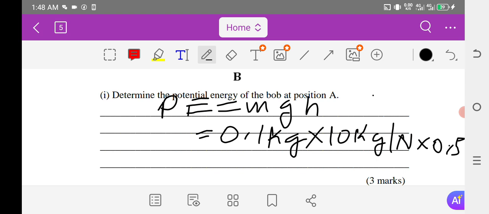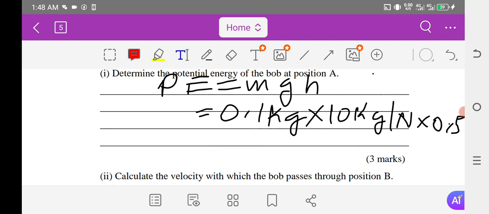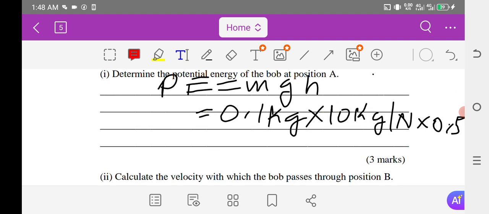So multiplying, we are looking at 0.1 multiplied by 10 and multiplied by 0.5, which is also 0.5.